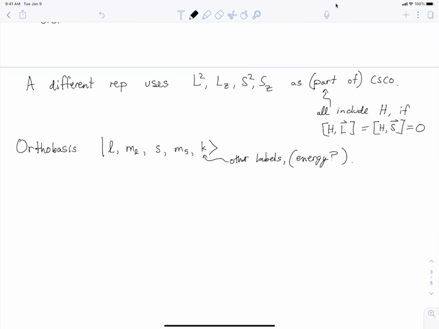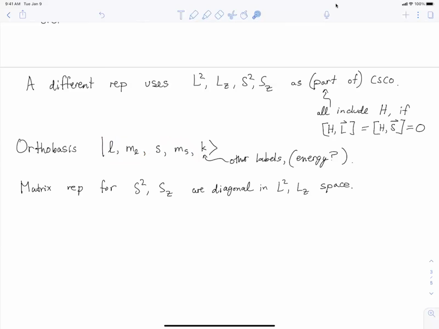Okay, and so now there's a matrix representation for the spin operators. And the key thing is that they're just diagonal in L squared LZ space. So all that means is that when they're acting on a given member of this orthobasis, it just ignores those two things, and it does what it always does to these labels.